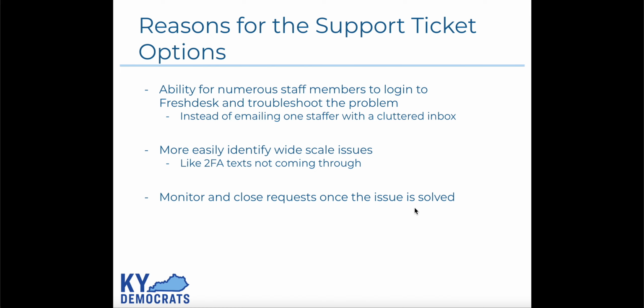What's going on? Can someone look into this? And again, as we were saying, along with monitoring these requests, we'll be able to close out and resolve these issues and know that the issue is resolved. These are just a few of the good reasons, as well as just having the central repository.